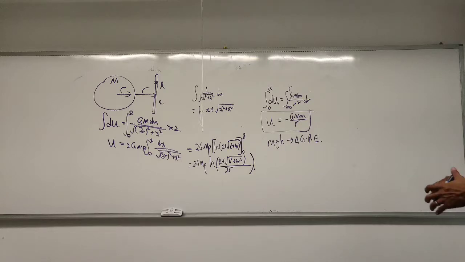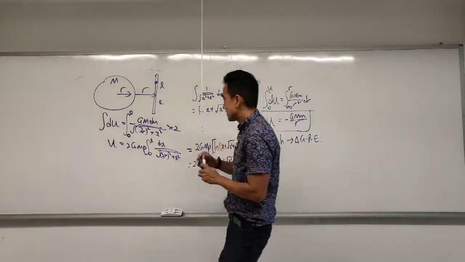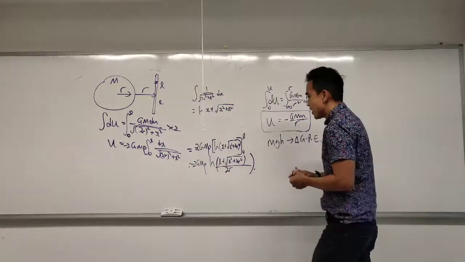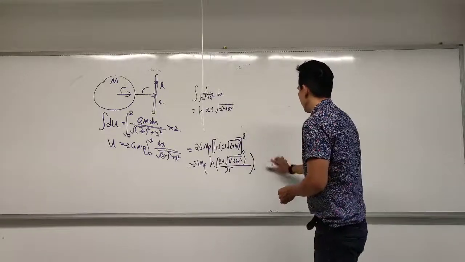Right, so I realized that I missed out a minus sign. Now if your L goes to 0, it actually goes back to the previous form as well. Let's take a look.